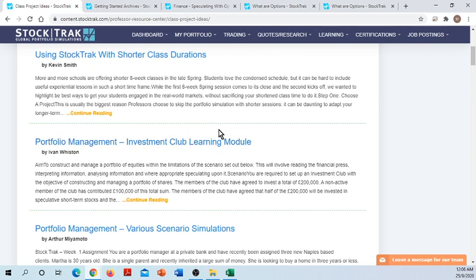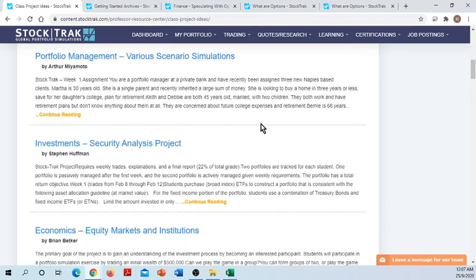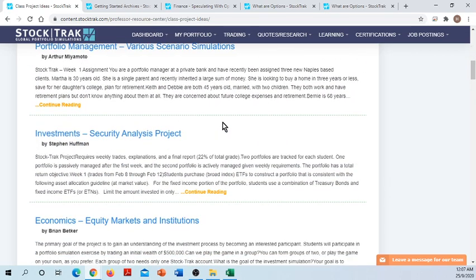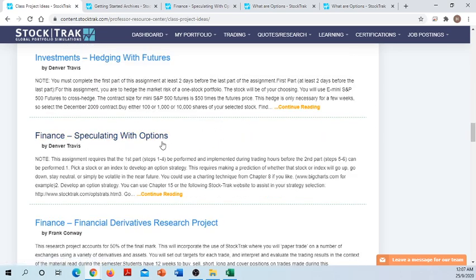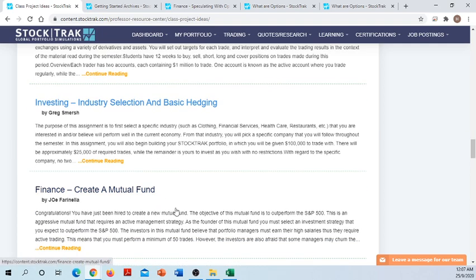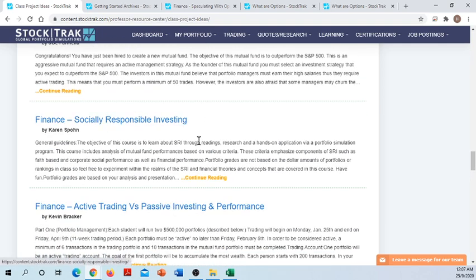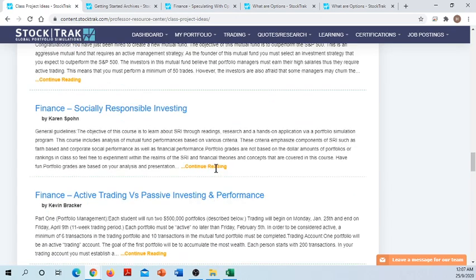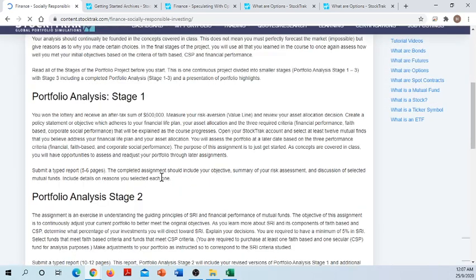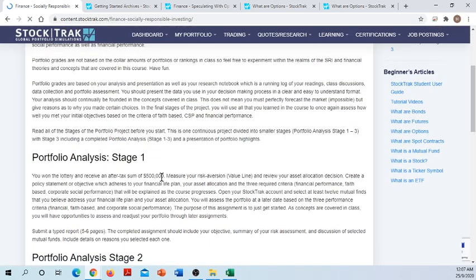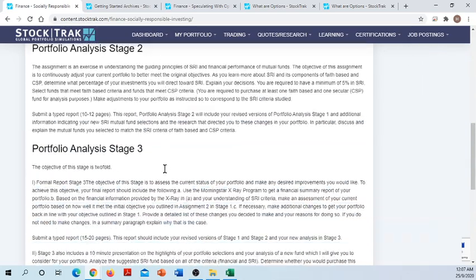For example, you will find an idea that relates to portfolio management, an idea that relates to investments, economics, derivatives, mutual funds, and so on. One interesting idea is socially responsible investing. So you can, for example, click on one of them. It will give you the details of this project, which you can use or modify as you see fit.